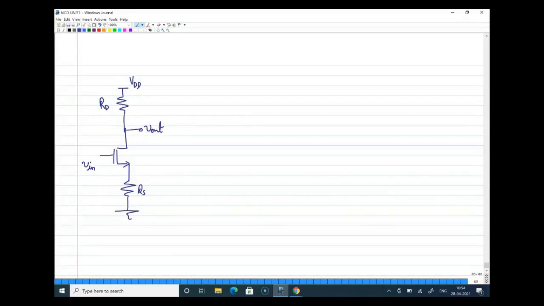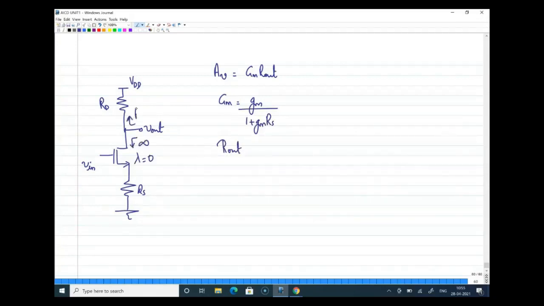The whole point of adding a resistance at the source terminal is basically to linearize the device, thereby making gain a weaker function of gm, right? So now for this circuit, if you write the gain expression, AV equal to GM into Rout, we know capital GM, we have obtained it as gm by 1 plus gm RS. What is Rout? If I am considering lambda equal to 0, the resistance looking down is infinity, looking up is RD.